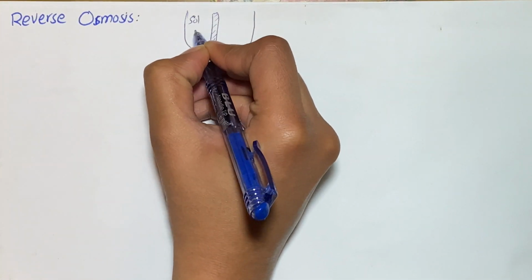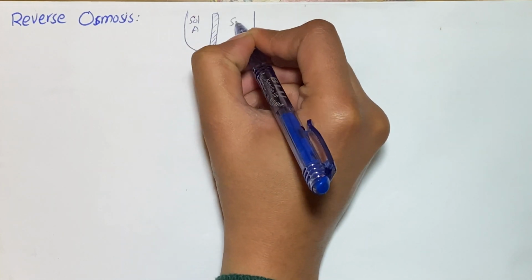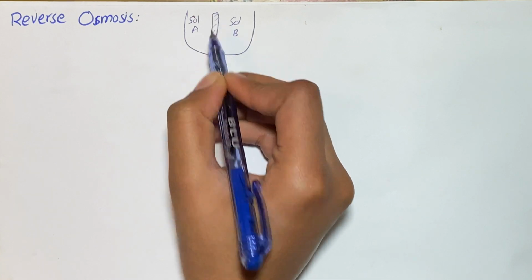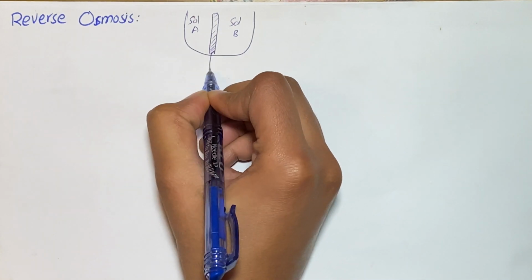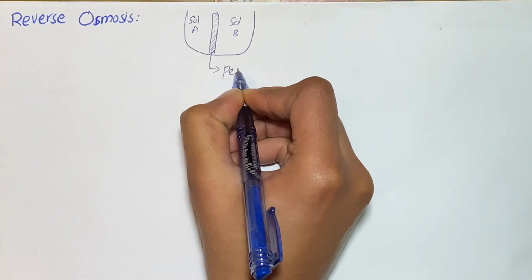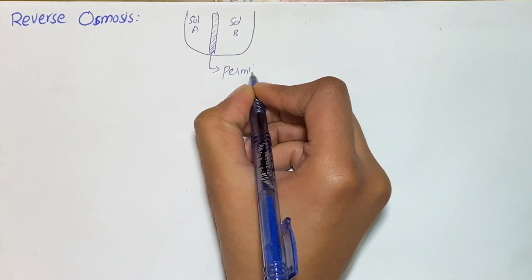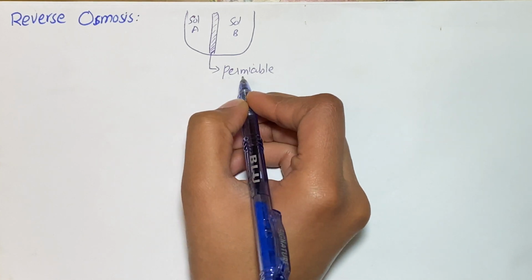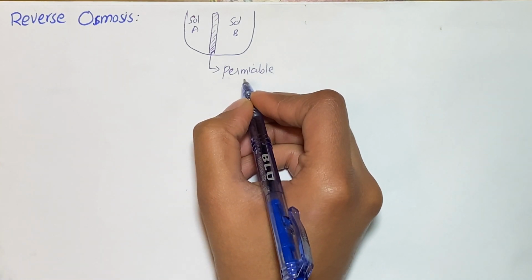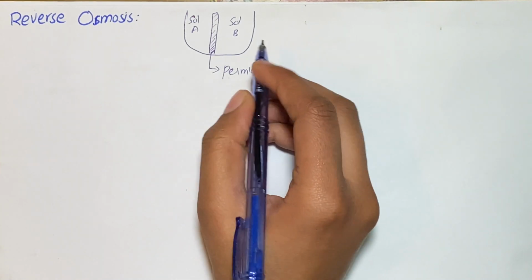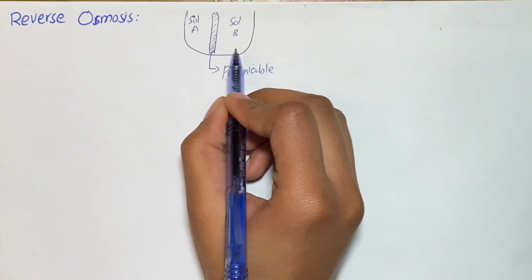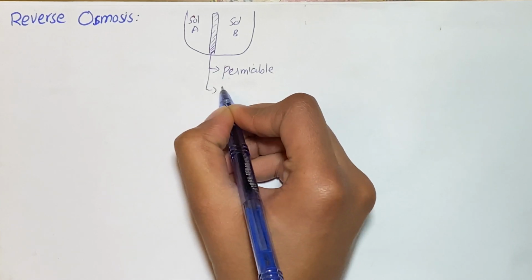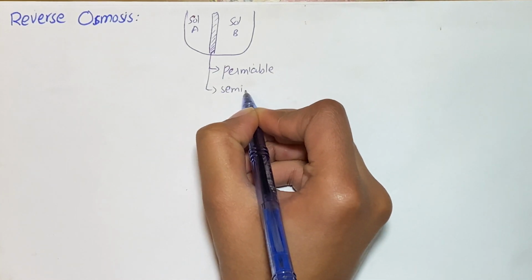So if we are having solution A on the one side of the tank and solution B on the other side of the tank, and between them there is a membrane which could be permeable and which could be semi-permeable. And what is the difference between these two? If a membrane is permeable, it means it allows both solute and solvent molecules to pass across the membrane to balance the concentration gradient.